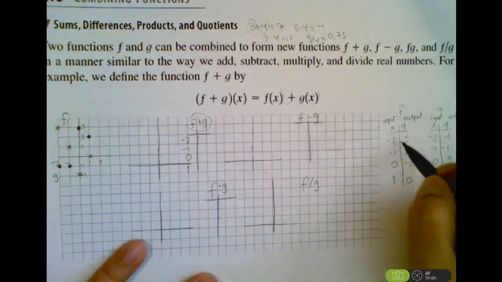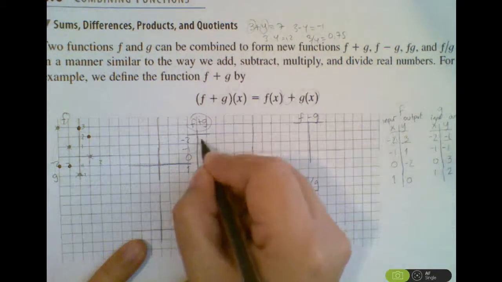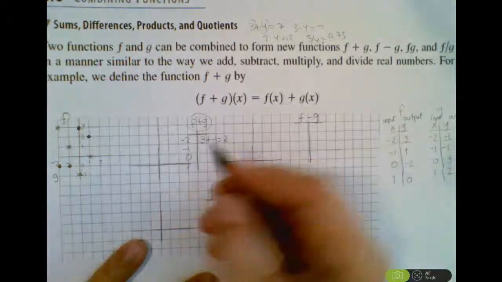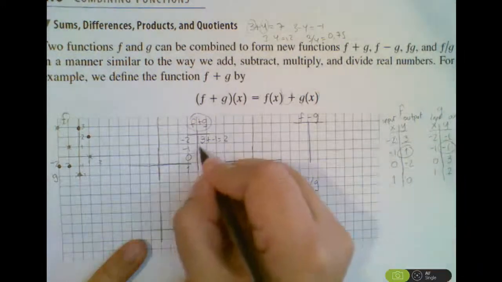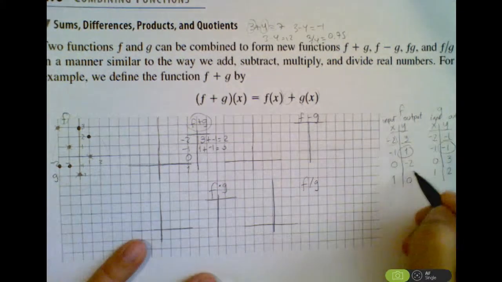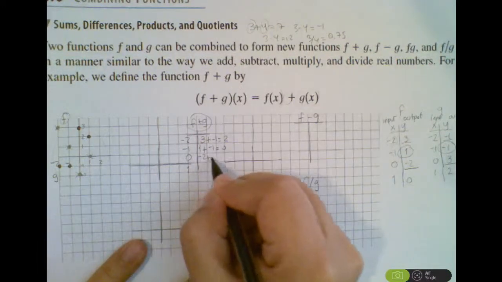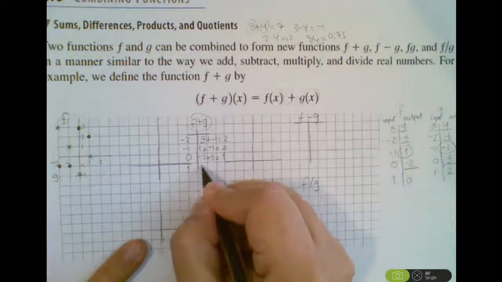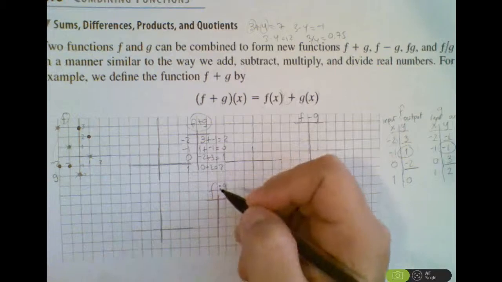Since f of -2 is 3 and g of -2 is -1, this is just simply 3 plus -1, which is 2. For -1, f is 1 and g is -1, so I'm going to add those two and that gives me 0. For 0, f is -2 and g is 3, so -2 plus 3 equals 1. And for 1, f is 0 and g of 1 is 2, so this gives me 2.